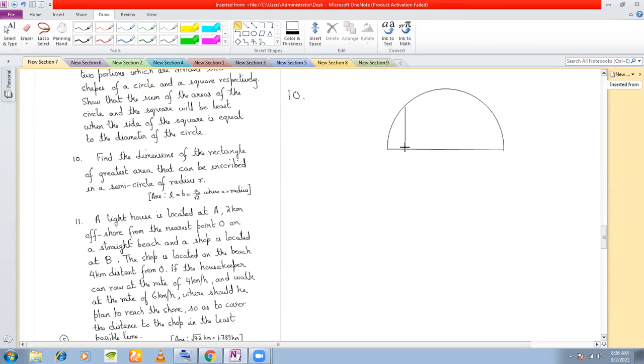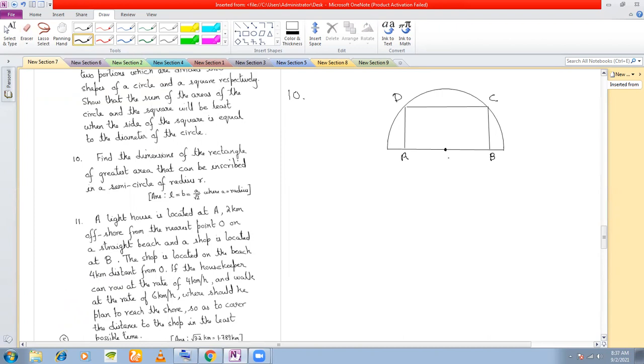You have a rectangle inside this semicircle. ABCD is a rectangle that is inscribed within this semicircle. Also, they have given you the radius of the semicircle.